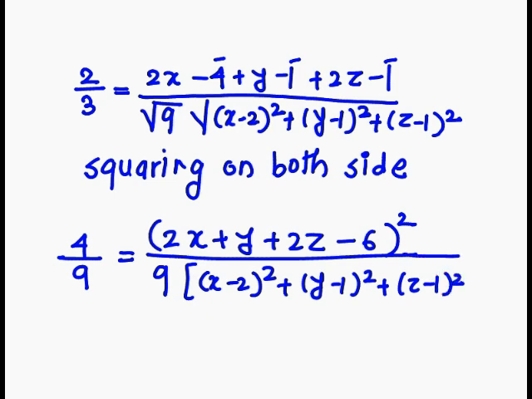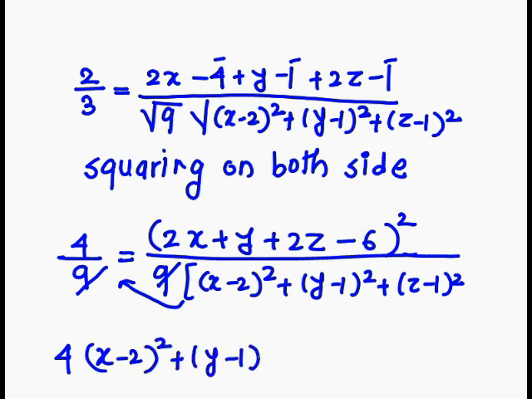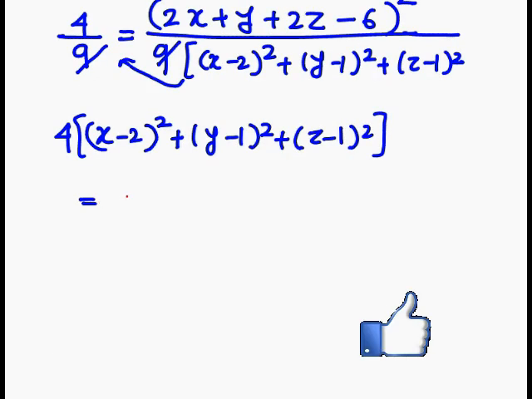So here the 9 gets cancelled, so we multiply this to this side, we get 4 into x minus 2 square plus y minus 1 square plus z minus 1 square is equal to square of 2x plus y plus 2z minus 6 the whole square.